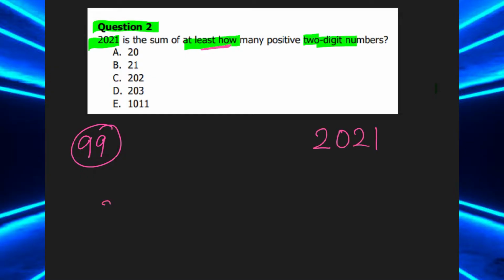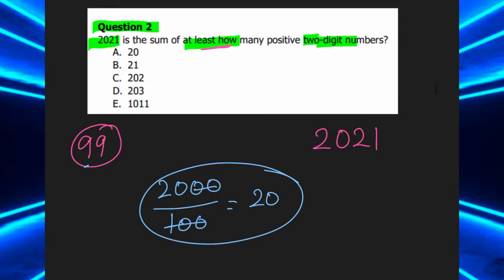In this case, do not attempt to divide this by 99. This will waste your time. Instead, because we do not want the exact answer, we want an approximation. So what we can do is take our 2000 and divide it by the nearest number to 99, that is 100, which gives us 20.